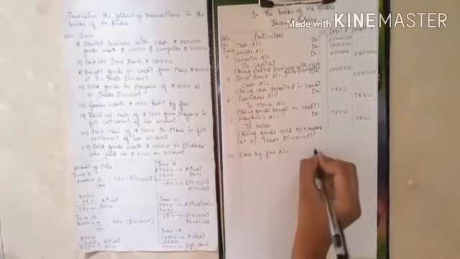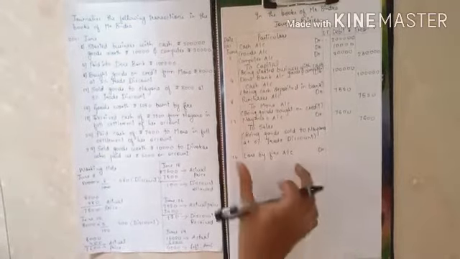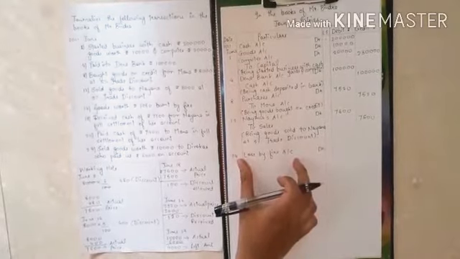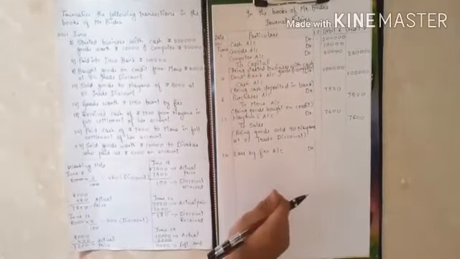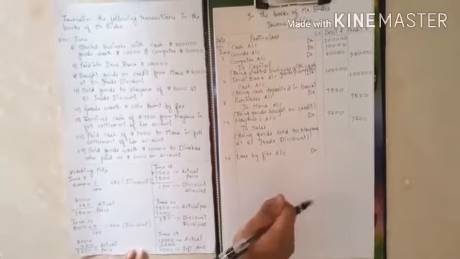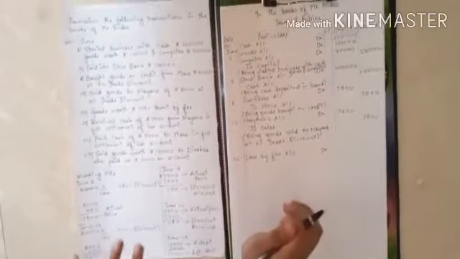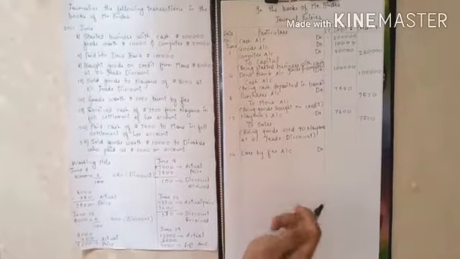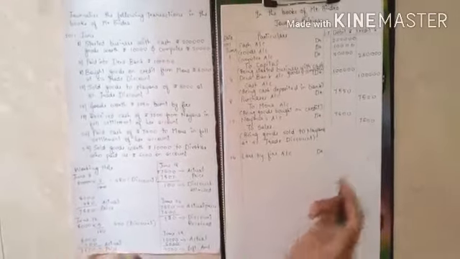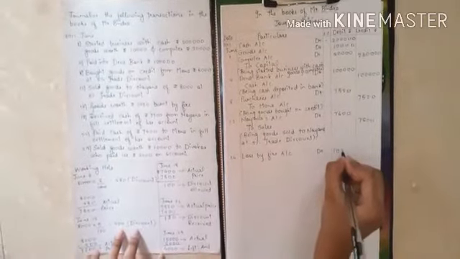Why debit effect? This is the loss. Nominal account represents loss by fire account. So rule for nominal account, debit all expenses and losses and credit all incomes and gains. But here Mr. Bindra has incurred loss, that is goods are burnt by fire, so loss by fire account is debited. What is the amount? 1050.